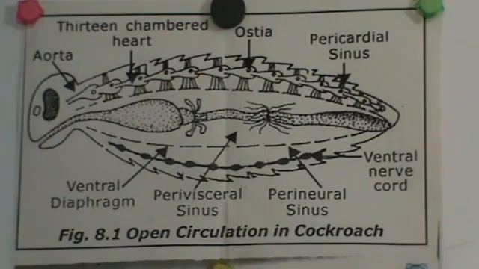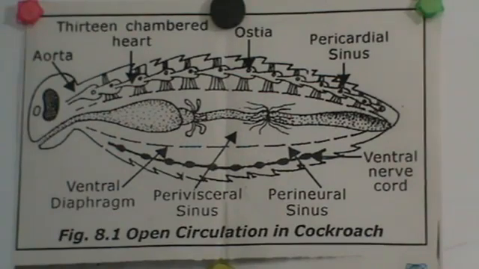The second thing that you need to understand about the circulatory system is the sinuses. What is a sinus? As I already explained, in the open circulatory system, sinuses are open spaces in which blood or hemolymph flows freely.